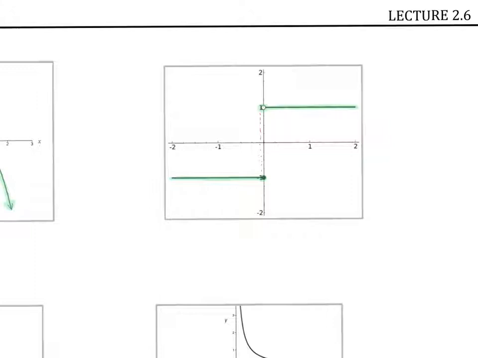And because I made that big jump, we call this a jump discontinuity. Okay, so this particular graph is not continuous at x is equal to 0.